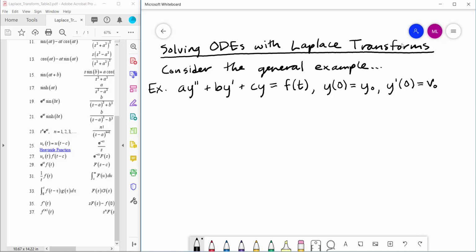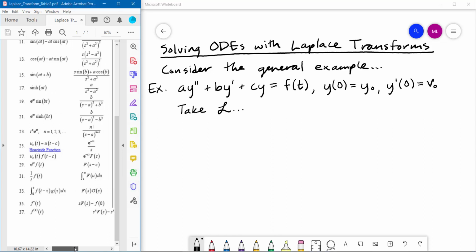I want to take the Laplace transform of this equation and go from there with the algebra that we're going to face. So the next step would be to take our Laplace transform of the whole thing. The Laplace transforms of y double prime and y prime show up in the table. We derived them in a previous video.